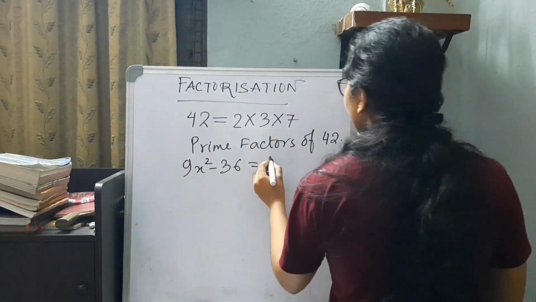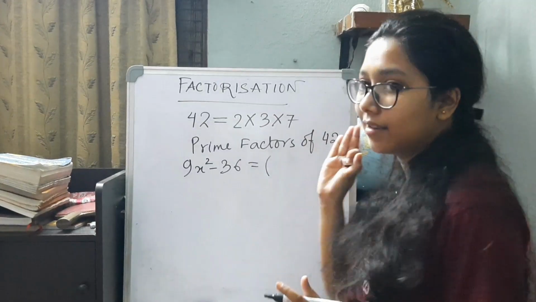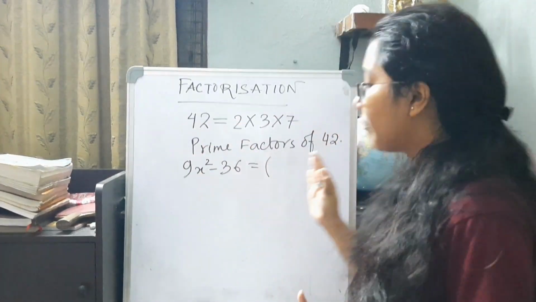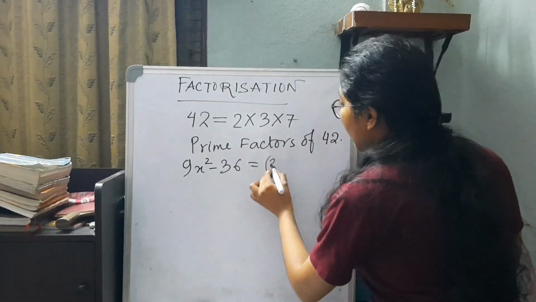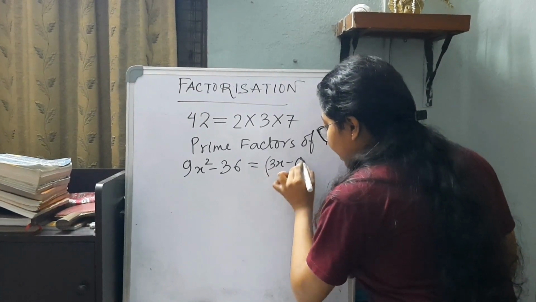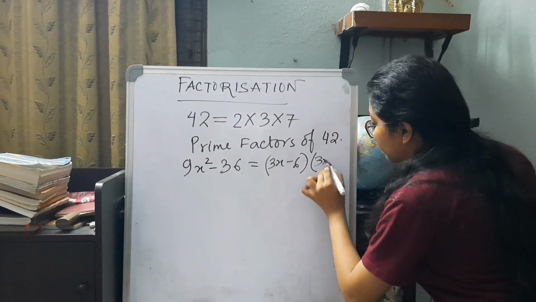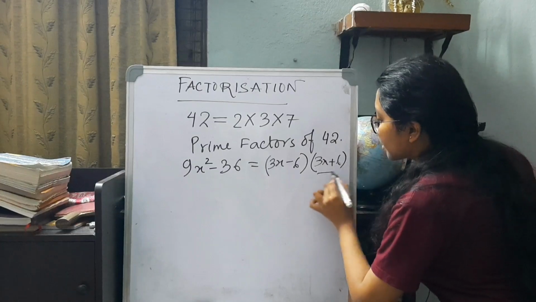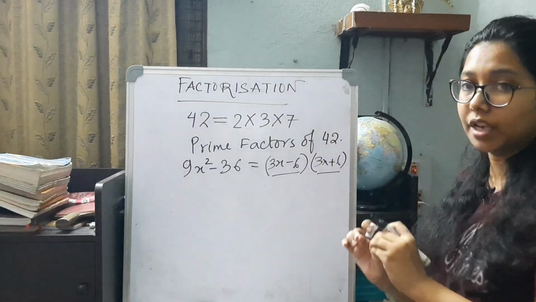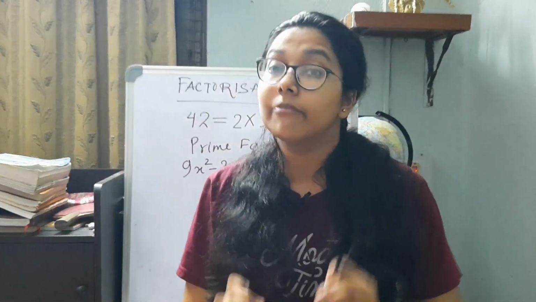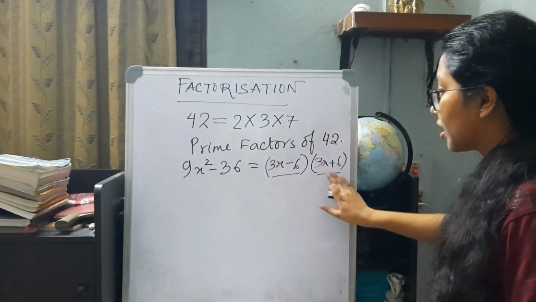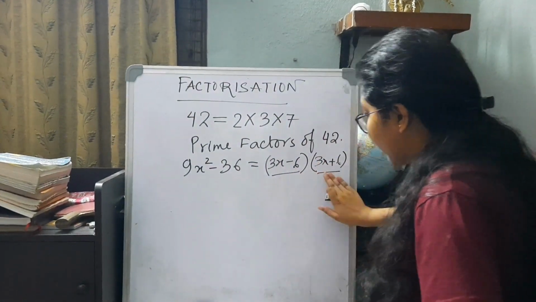So the factors of 9x square minus 36 are 3x minus 6 into 3x plus 6. Each of these terms is irreducible; we cannot reduce them further, and these are the factors.